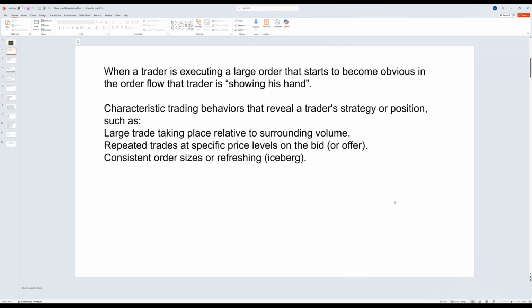And characteristic trading behaviors that reveal a trader's strategy or position are such as a large trade taking place relative to surrounding volume. It's something that sticks out pretty easily. Repeated trades at specific price levels on the bid or offer, and consistent order size or refreshing, right? An iceberg order.